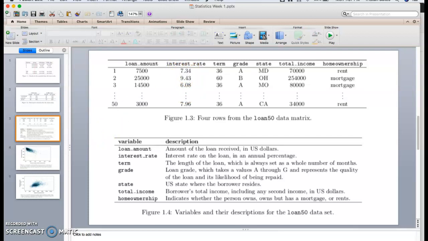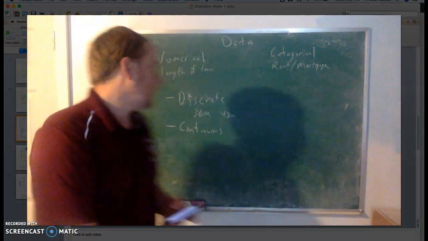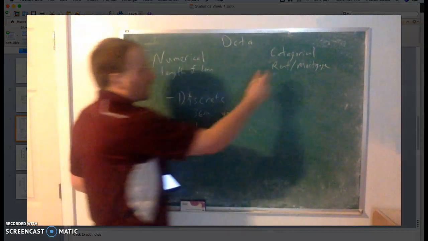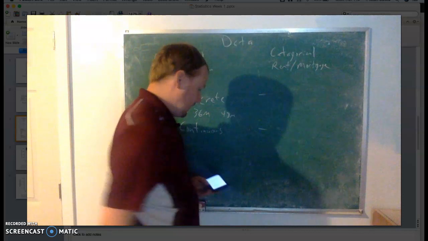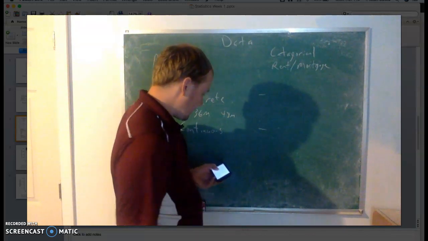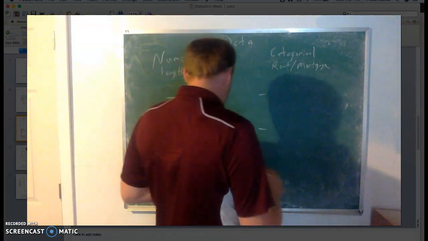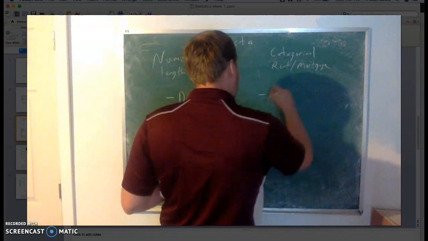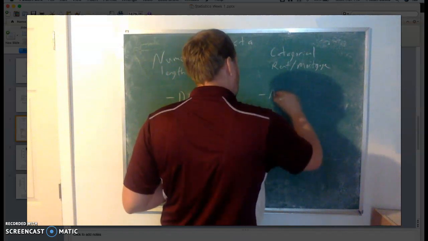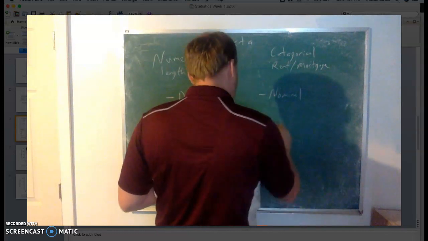So we have our continuous numericals, we have our discrete numericals, and just like numerical having two groups, categorical also has two separate types of groups. We have what's called nominal, and we have ordinal.